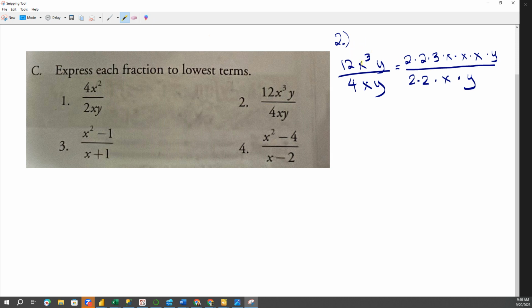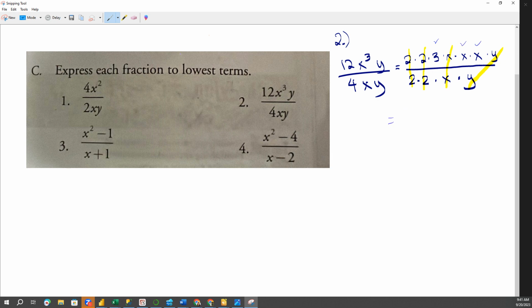So when you fully factor everything, then whatever is common in the numerator and denominator, the two and this two right here, will cancel out. You basically just pair them off. And this one right here, there's no three in the denominator, so you don't get to cancel it. The first x gets canceled, and then the y's get canceled. And so now what's left? In the numerator, you have this, that, and that.